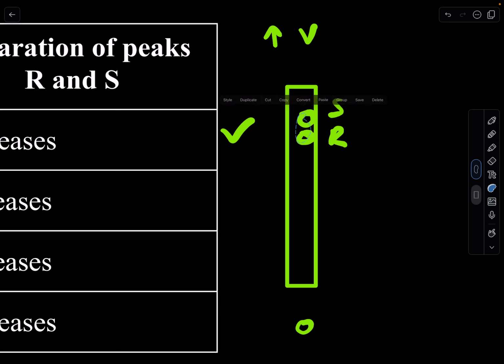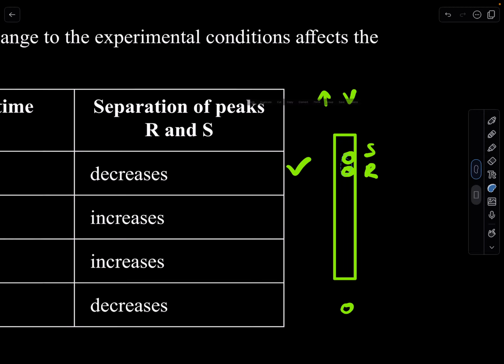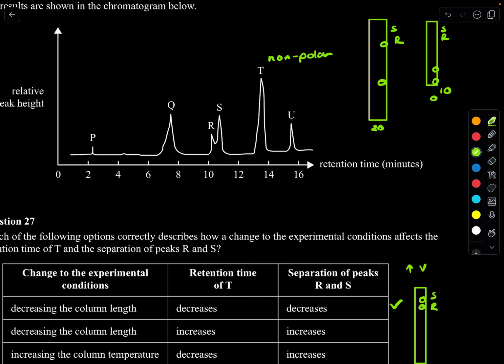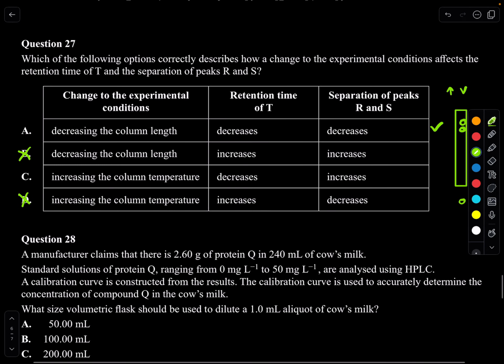Hence they won't have a lot of time to separate, meaning the distance between R and S should be decreasing. But yeah, so C is wrong because it's saying the separation increases. It actually decreases. So it has to be A.